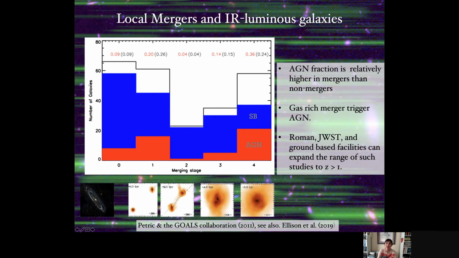And what we find, which confirms other results, is that the AGN fraction is relatively higher in mergers than it is in non-mergers. Now, these were very nearby sources, and with Roman and JWST and other ground-based facilities, we will be able to do such studies to much higher redshift.